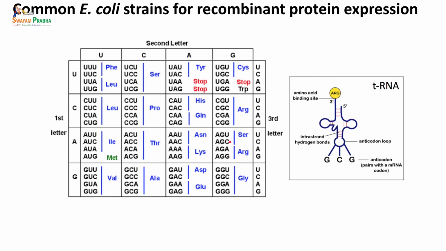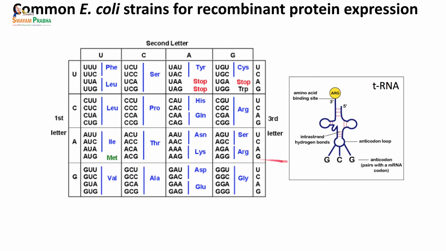Some codons will be preferably used at a much higher frequency in some organisms compared to other codons. So for example, it is quite possible that an organism uses these 2 codons much more frequently, say 50% of the time, compared to the rest of the 4 codons for arginine.